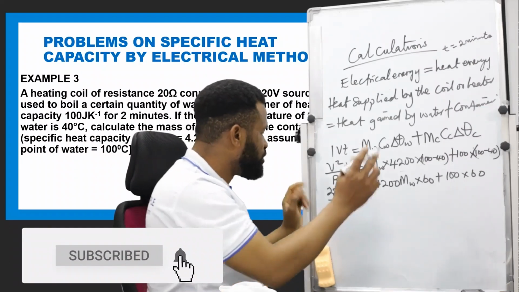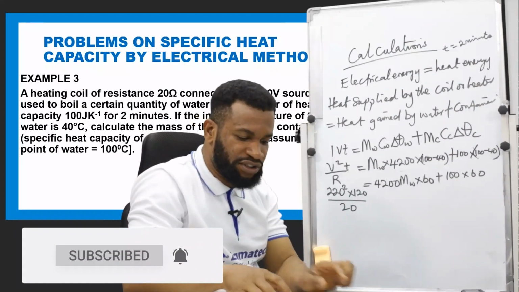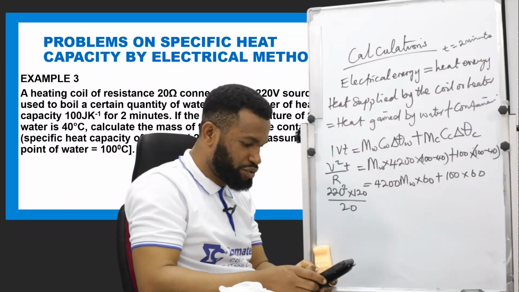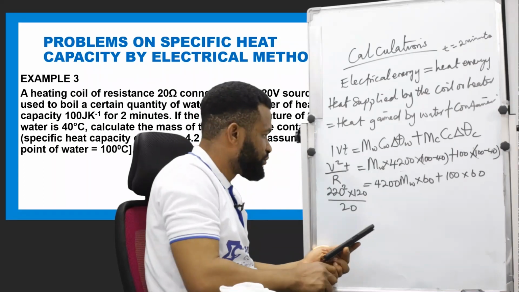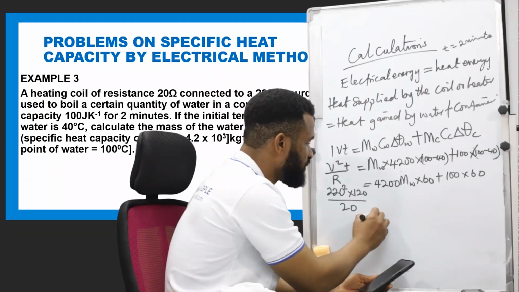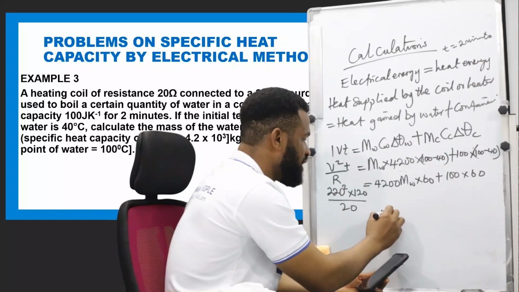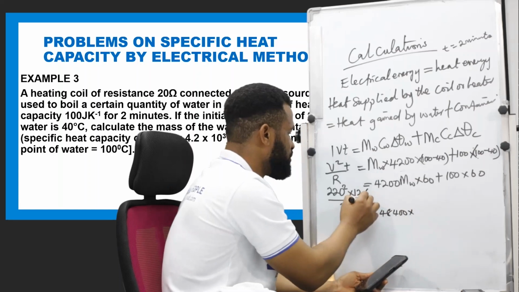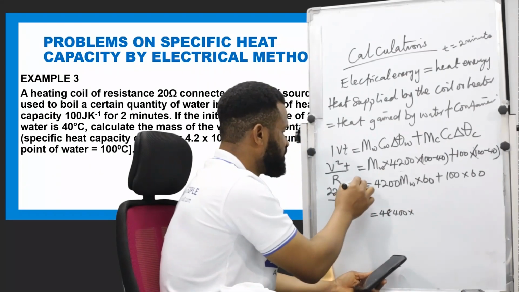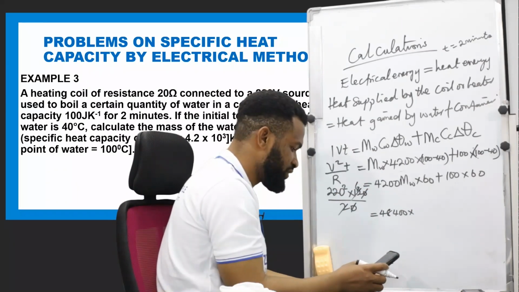So I am going to have all this calculated. 220 squared, so everything is going to be 48400 times, I will cancel this, 6 times 6.